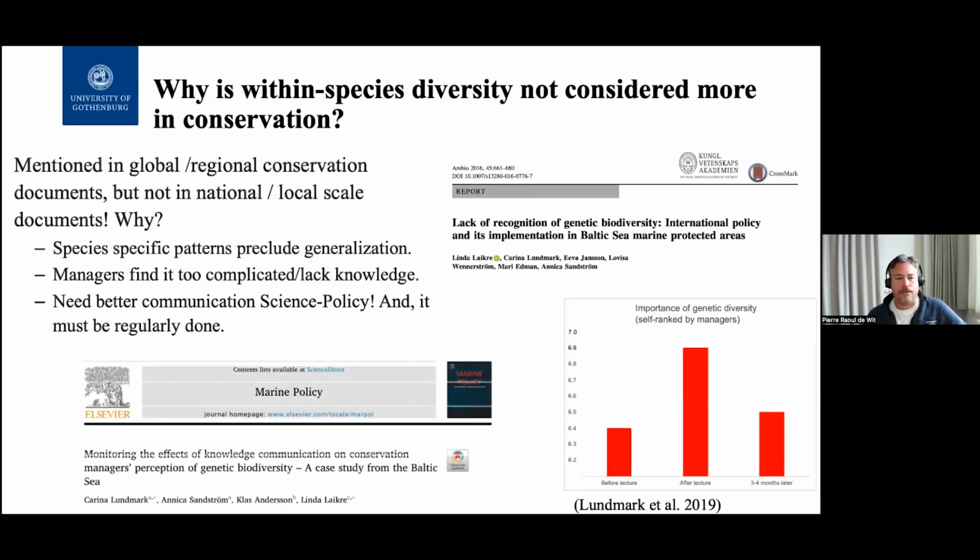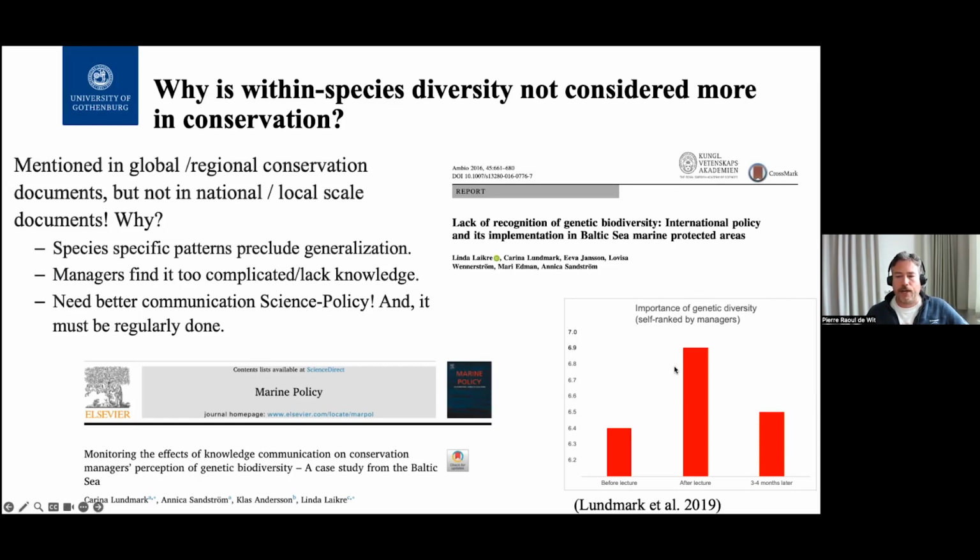There was another recent study by Carina Lundmark and co-authors where they looked at the effects of communication about genetic diversity, and they could see that this was self-ranked by managers, how important is genetic diversity before being given a lecture about the topic, and also after the lecture.